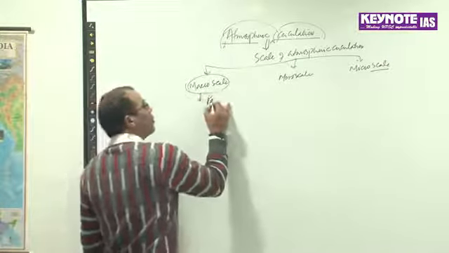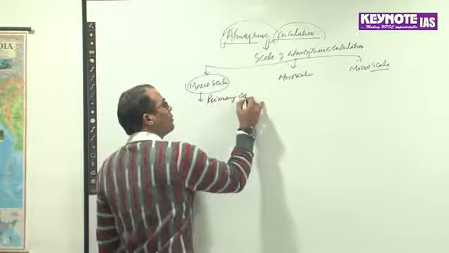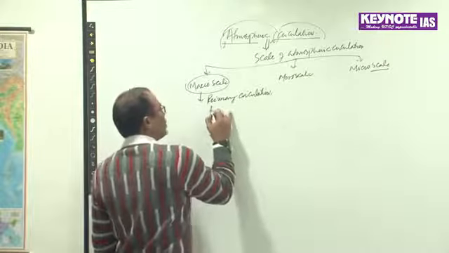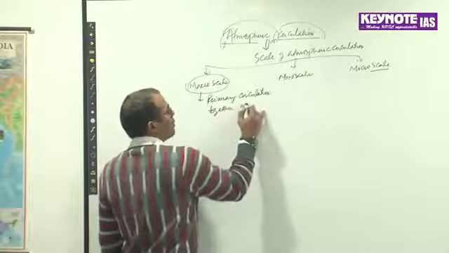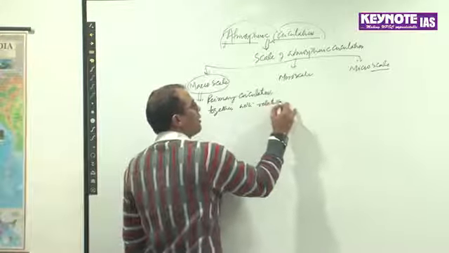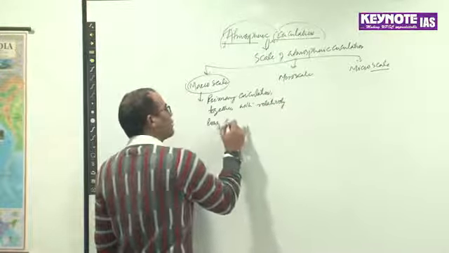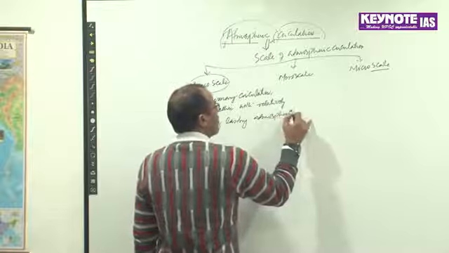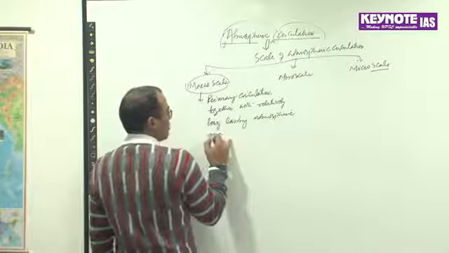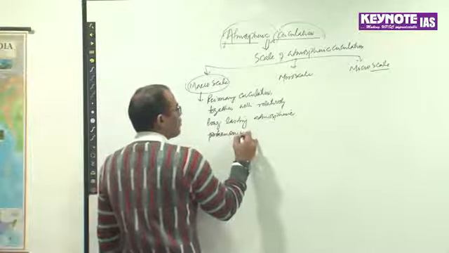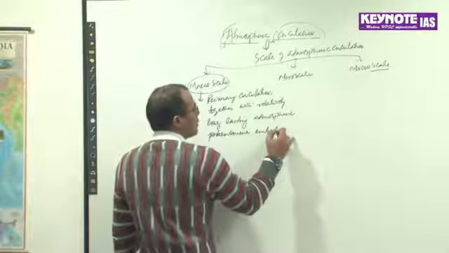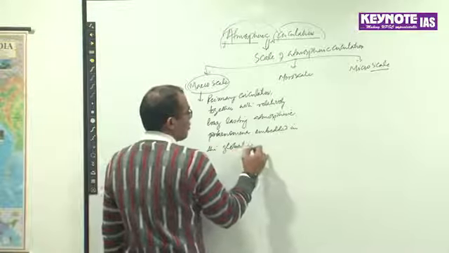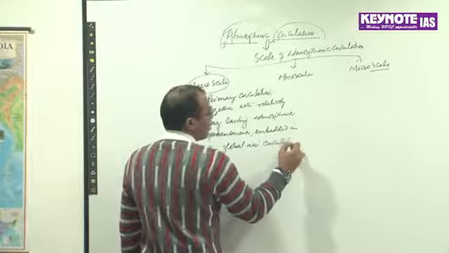Macro scale, basically all the primary circulation, together with relatively long-lasting atmospheric phenomena embedded in the global air circulation.